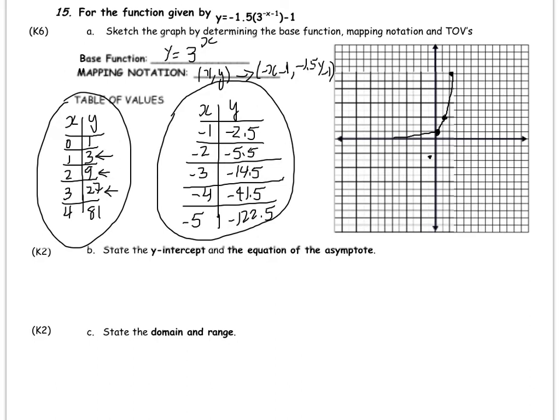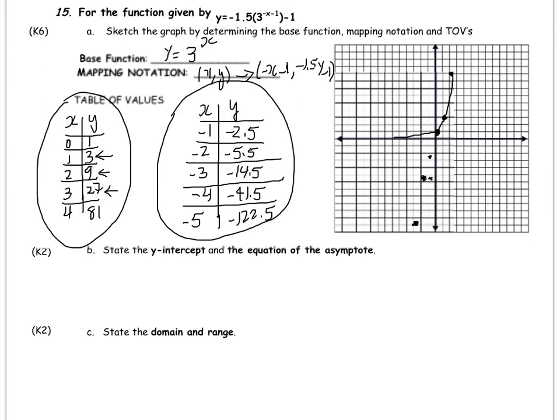When x is negative 2, y is negative 5.5, so it's going to be approximately here. When x is negative 3, y is negative 14.5, so it's going to be somewhere around here. The other two points are going to be off the grid.